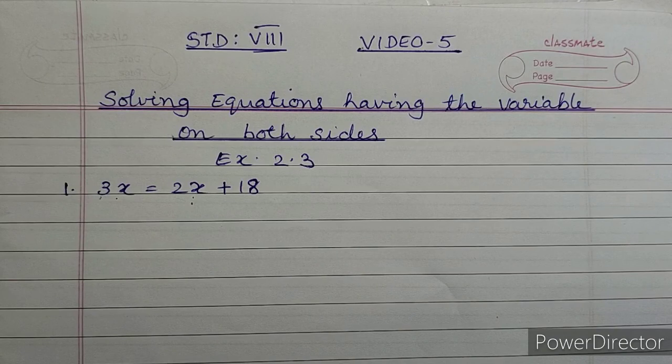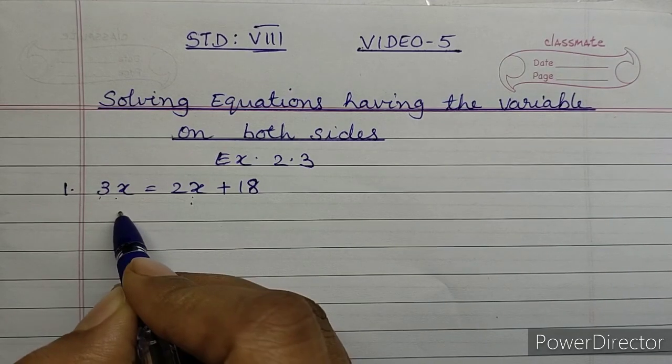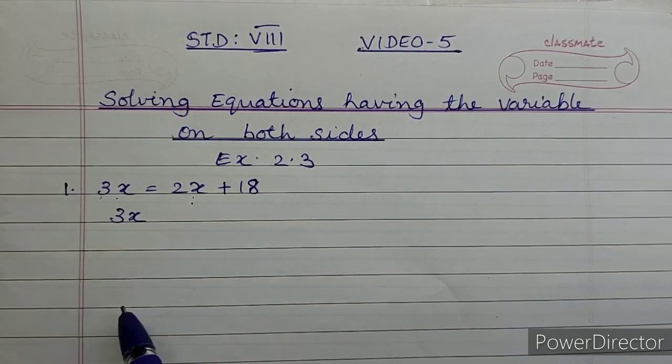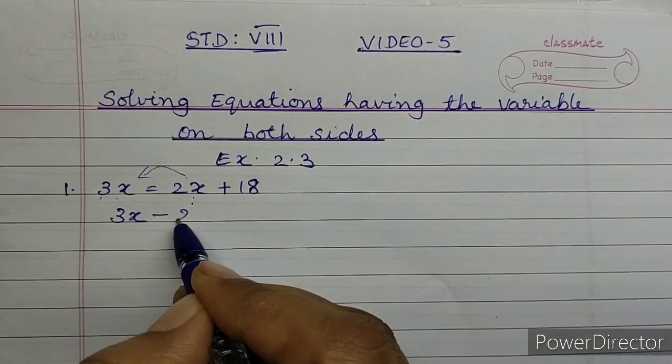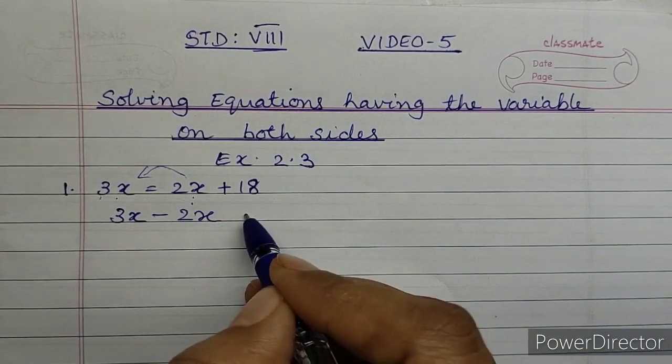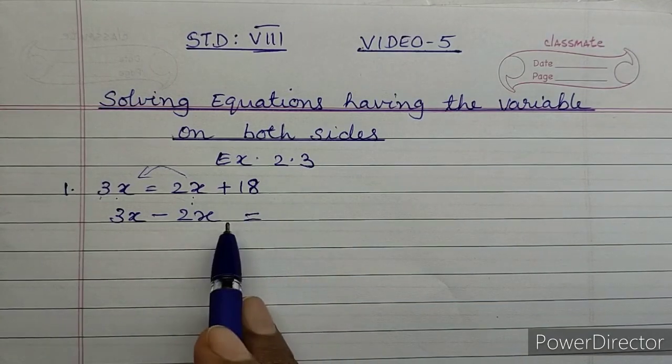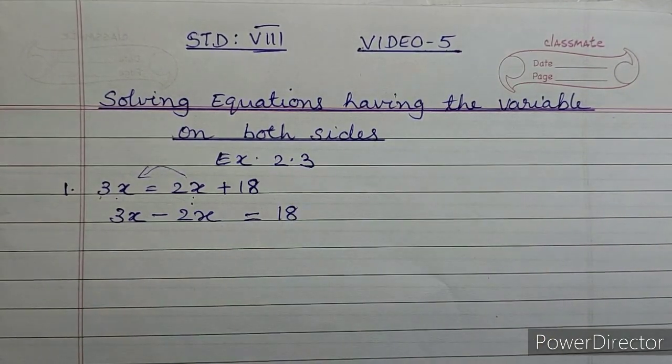When you change the position from before the equal symbol to after it, or the other way, you have to change the sign. So here 3x has no change, 2x will come to this side so it will change the sign: minus 2x equals 18, no change, so positive 18 only.